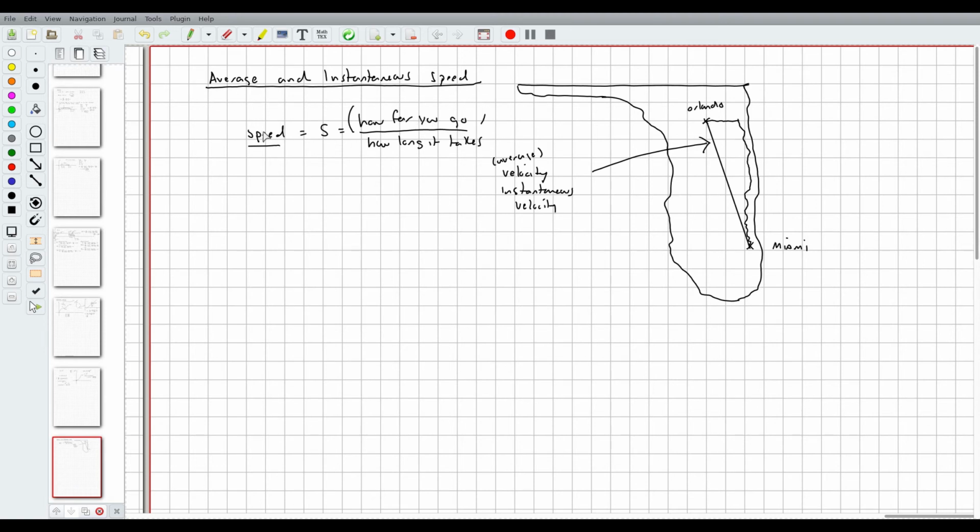Now, I want to be clear, this definition of speed is average speed. Now, instantaneous speed, on the other hand, has a more physical definition. By physical, I mean it's based off of the straight up physics definition. So here, if you know what your velocity is, and you get rid of any sign that might be there, this would be instantaneous speed.